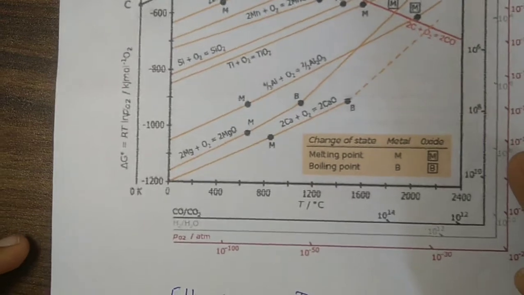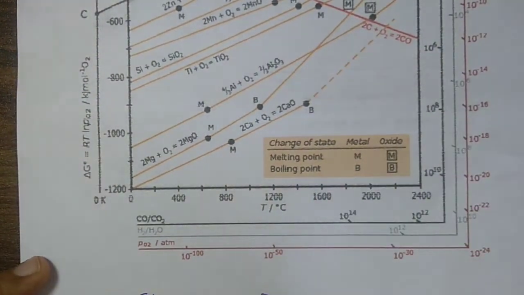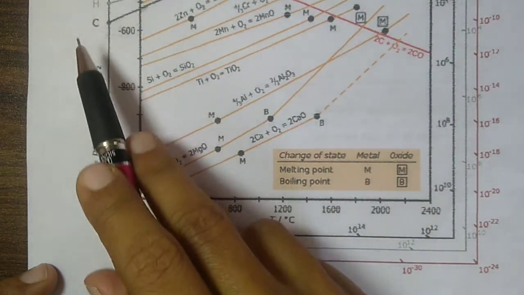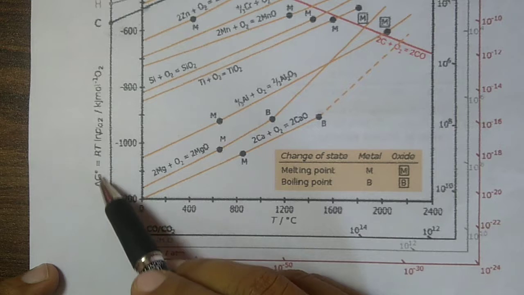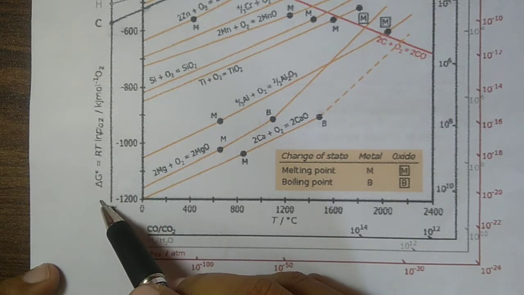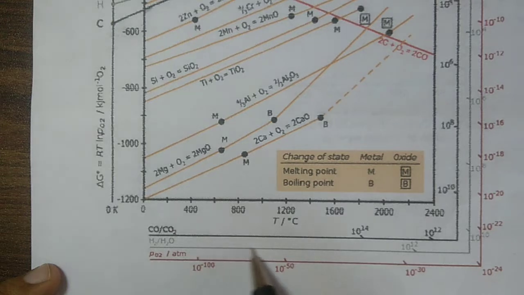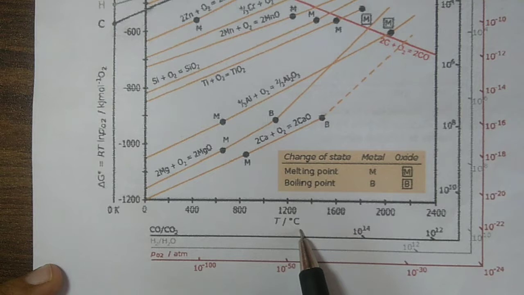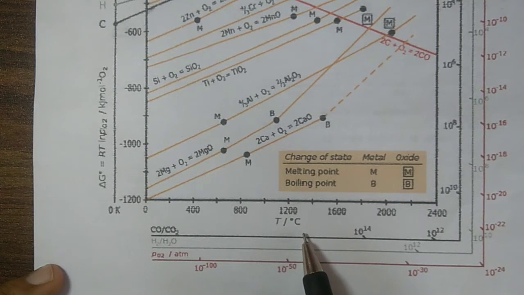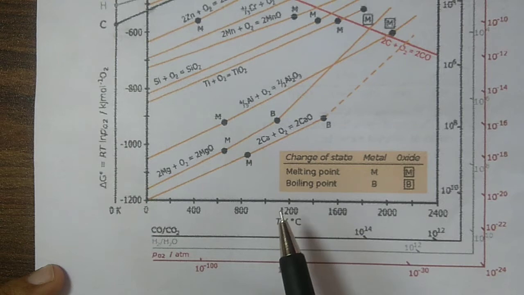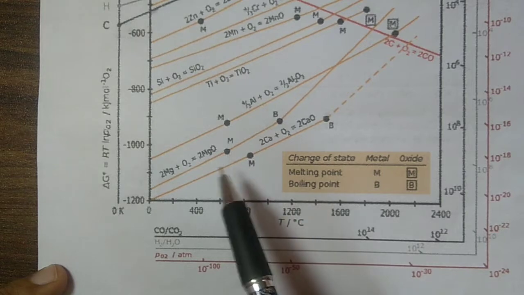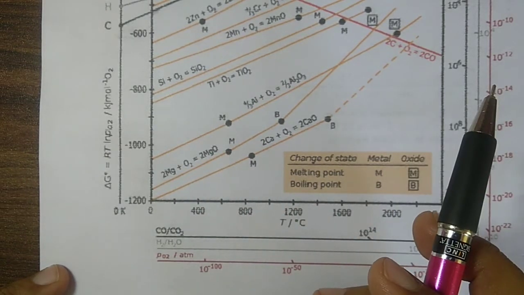This axis is del G naught, that is standard free energy change, and at this axis temperature in centigrade is present.